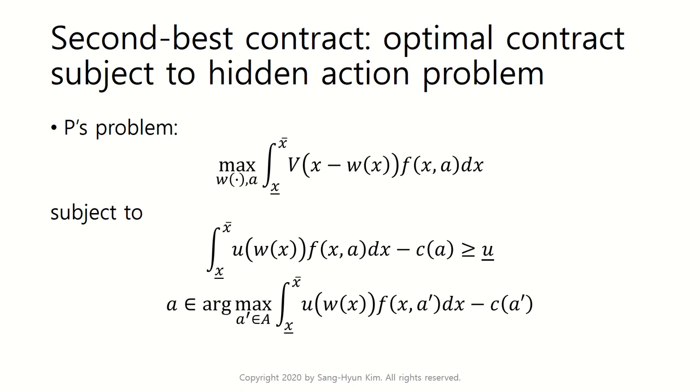So that's why we say that this is a set, because there may be multiple maximizers. And what is argmax? Argmax is the argument, which is A, that maximizes the following function, the expected utility of the agent. So in plain words, what that means is the A must be a maximizer of the expected utility of the agent.